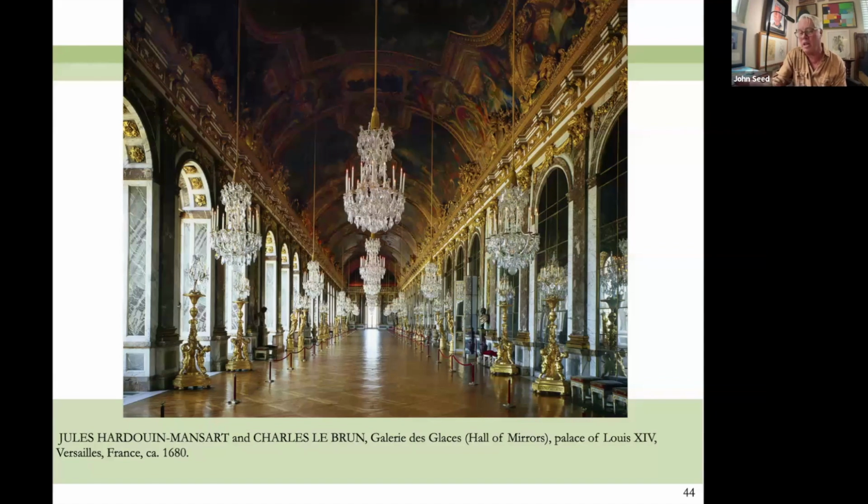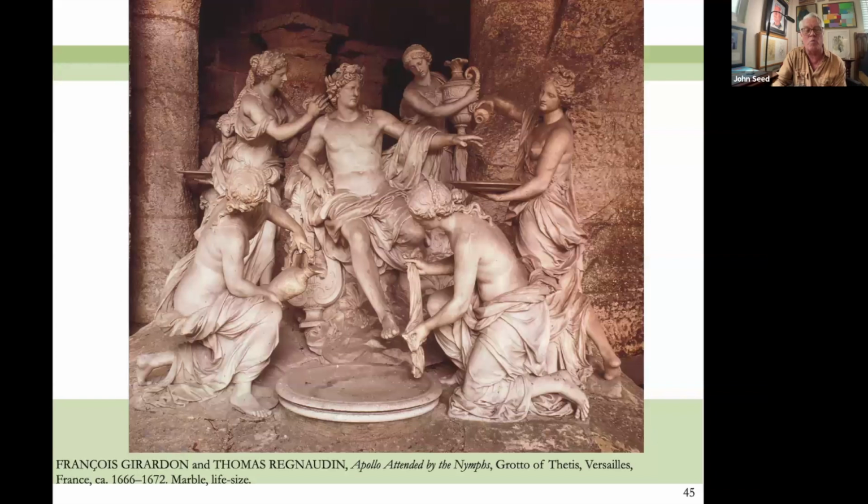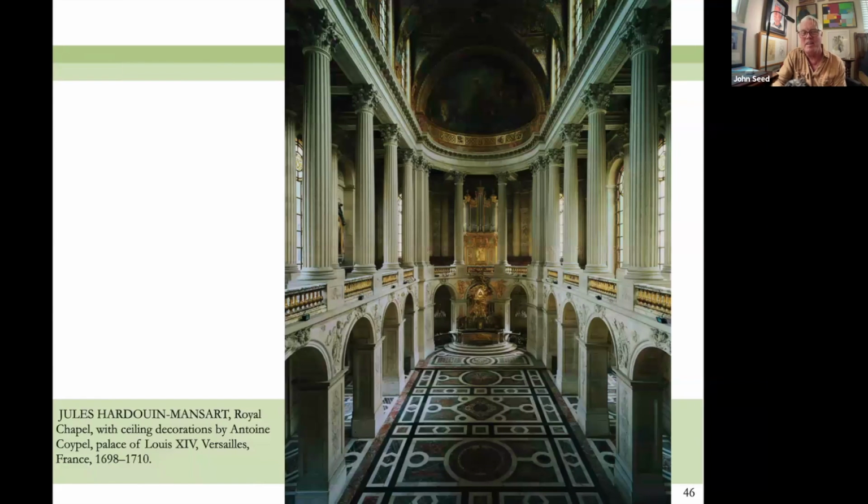And of course, that's where the Treaty of Versailles was signed after World War One. You can wander in the gardens today as a tourist or rent a bike and see a grotto like this, where Apollo, who of course is a stand-in for the king himself, the symbol of the Sun King, is attended by nymphs. What a fantastic kind of French Playboy fantasy that is.